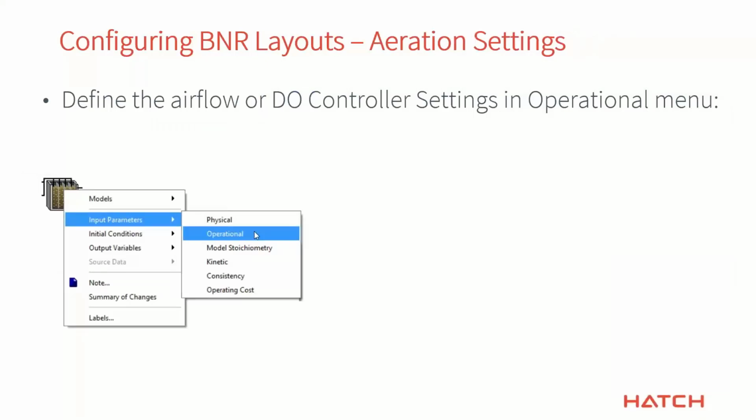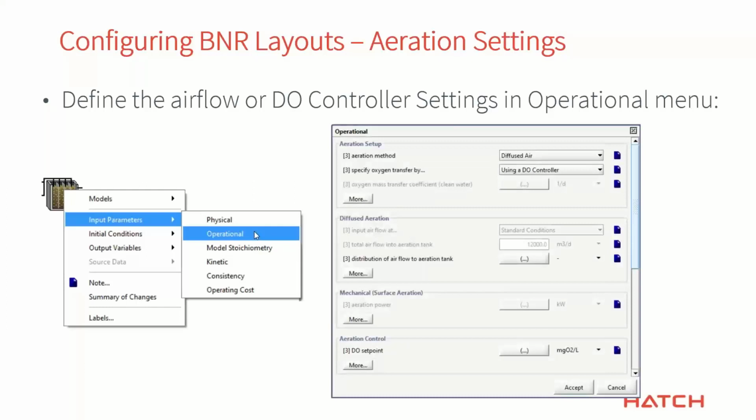Okay, that's two of our four things done. On to the third one now, the aeration settings. Those are the things that are going to control how much oxygen is there, which therefore controls whether this is an anaerobic, anoxic or an aerobic system. So same menu as we were just looking at, input parameters, operational. And here is where you'll find all the settings for the aeration.